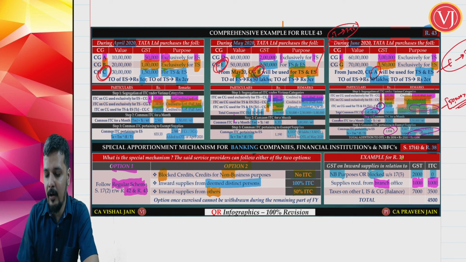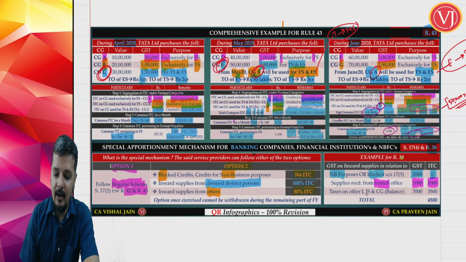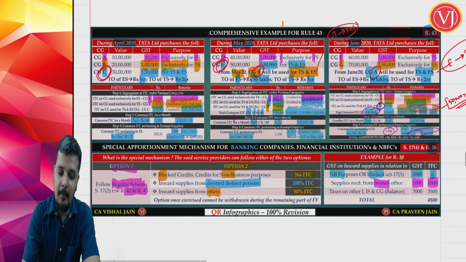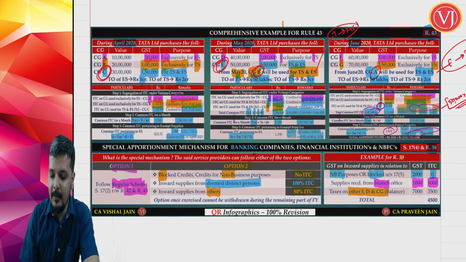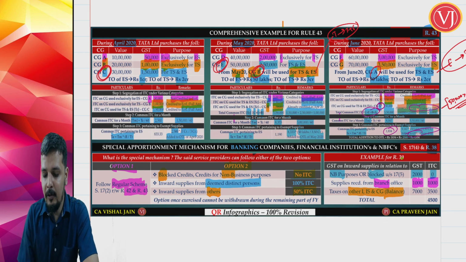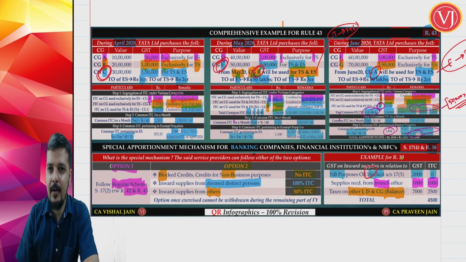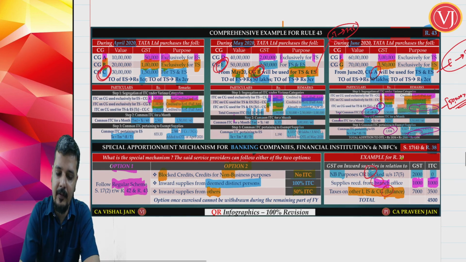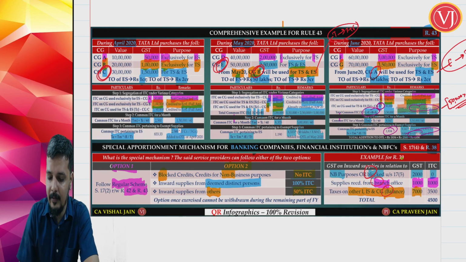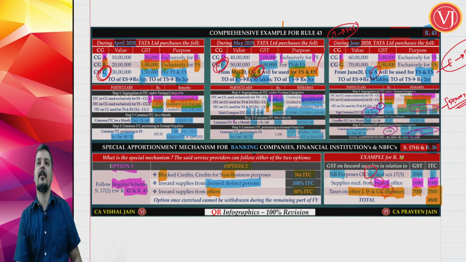Taxes 1000 on inward supply, you can take 100% credit. Balance, when I am talking about balance, you are talking about other input services and capital goods. Three B's: blocked 0%, branch to branch 100%, balance 50%. If the GST on the balance is 7000, you can get 50%, 3500. That is total 4500 credit you can get.